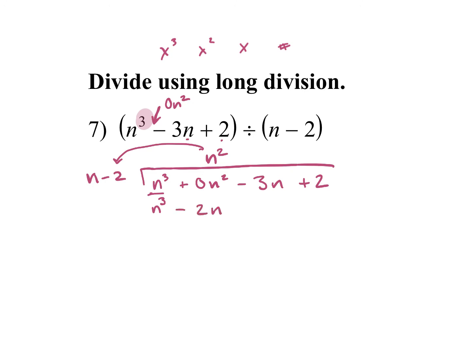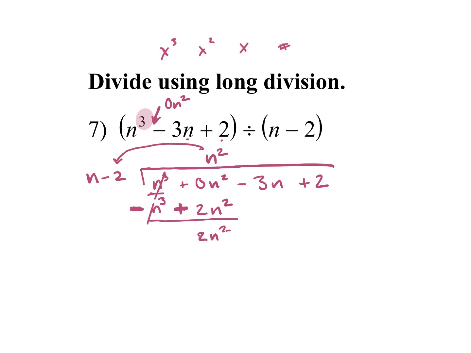Negative 2n squared. What do we do next? Before we combine them together, what do we have to do? Change the signs. Can't forget to change the signs. This becomes a negative and a positive. So the n cubes cancel, and then we combine them together. So 0n squared plus 2n squared is just 2n squared.